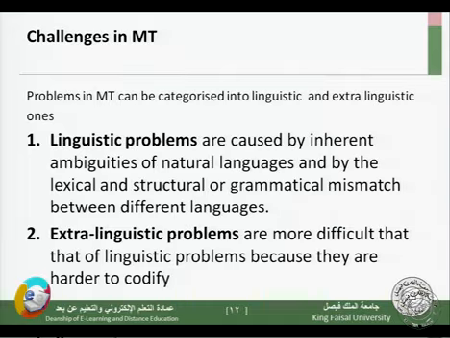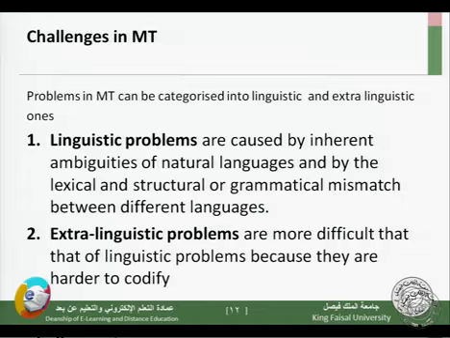It has to solve these challenges, which I doubt it can. I doubt it can, because no matter how good the system is, it can never be like the brain created by Allah subhanahu wa ta'ala for the translator. Now, two types of problems machine translation has to face, has to solve for us.